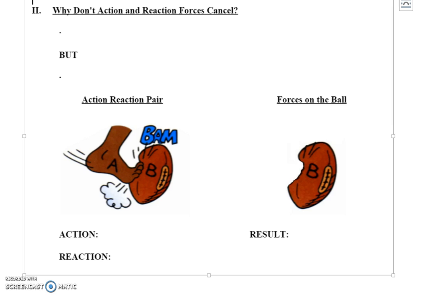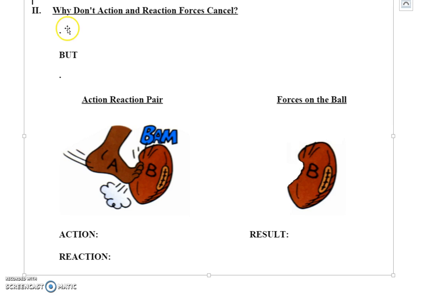Why don't action and reaction forces cancel? In some cases, when the interaction is between a system, something we're looking at, and something external to that system, the action and reaction forces don't cancel.